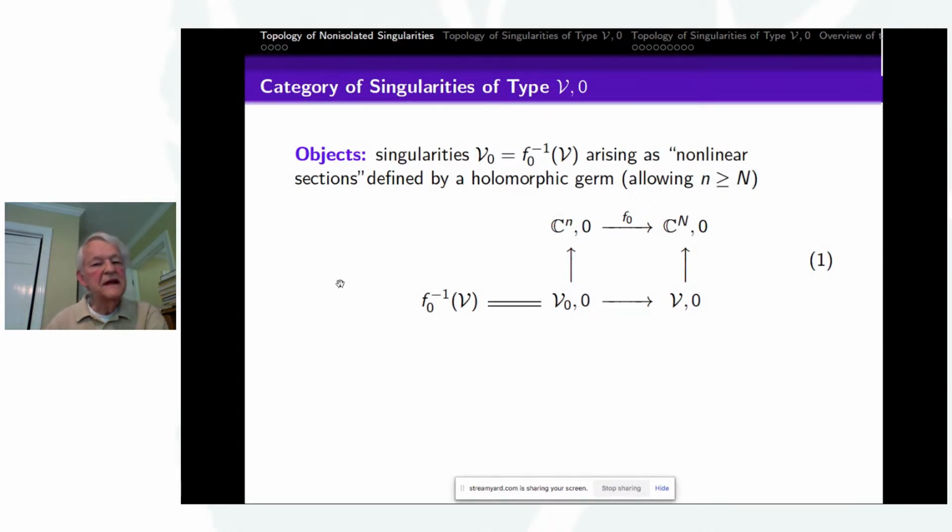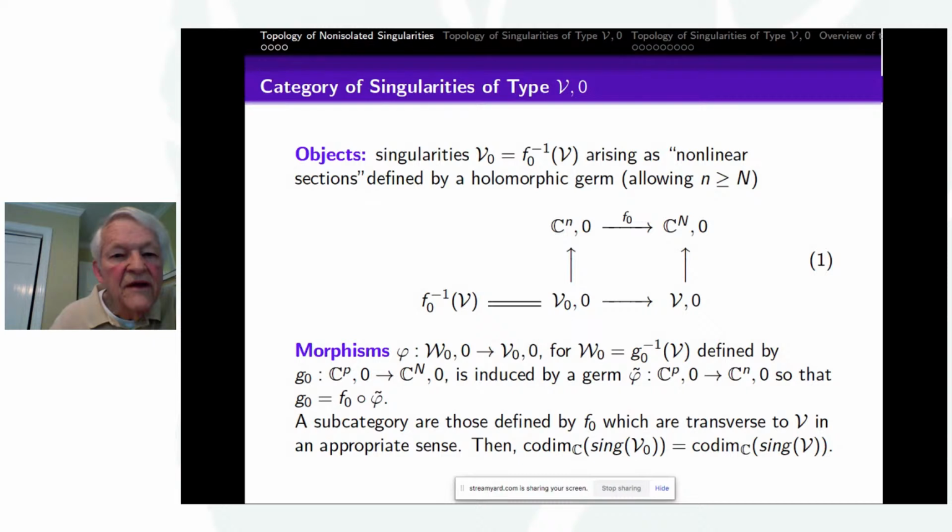The second thing is, notice I'm using the term category of singularities. Normally, we just think of a singularity in and of itself, but it turns out it's very convenient to think of this as a category of these singularities for a fixed V. So what are the morphisms? If we take a morphism from, say, W0 to V0, W is going to be of this type. It's given by g0 inverse of V, defined by some g0 mapping into C^n from C^p.